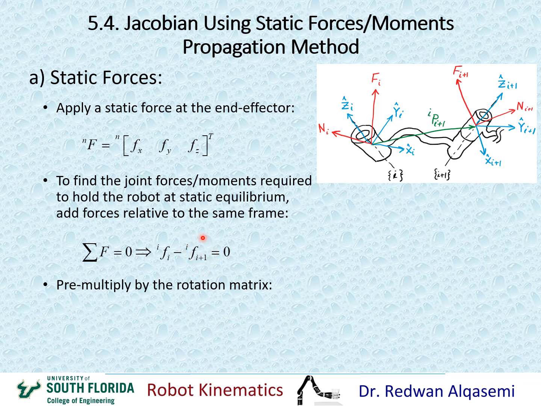So if we take this and pre-multiply it by the rotation matrix, we can obtain Fi plus 1 relative to I plus 1. So what we have here is Fi relative to I equals the rotation matrix from I to I plus 1, multiplied by the force of I plus 1 relative to I plus 1. If you multiply these two together, we get Fi plus 1 relative to I.